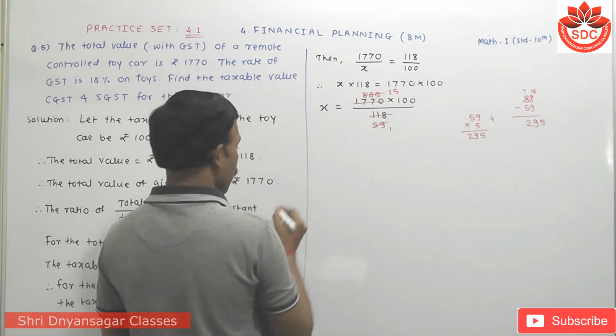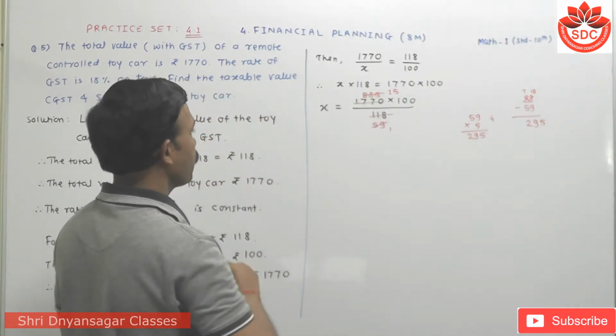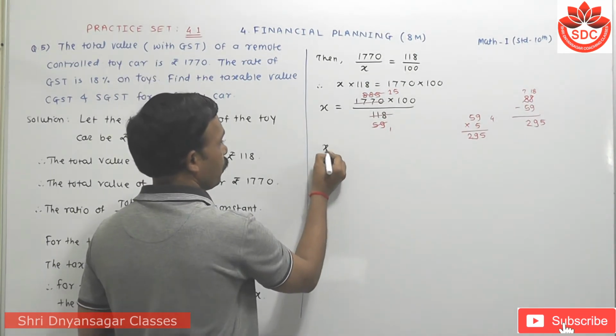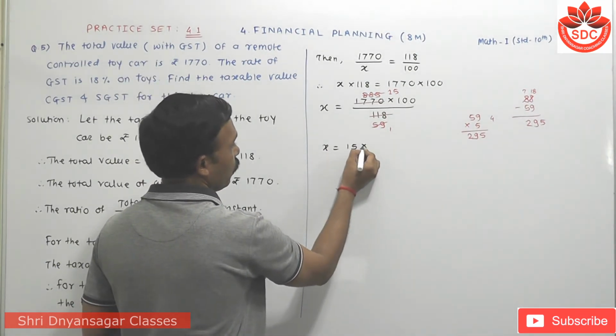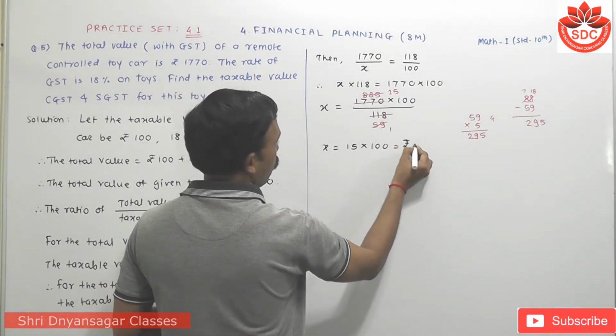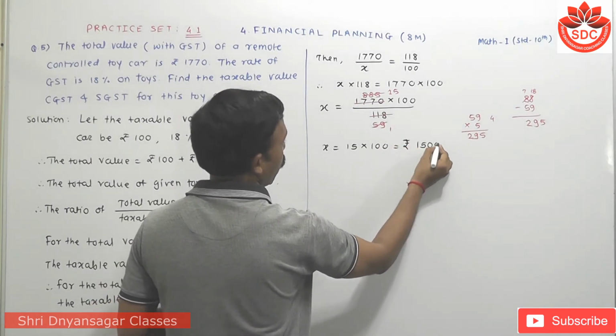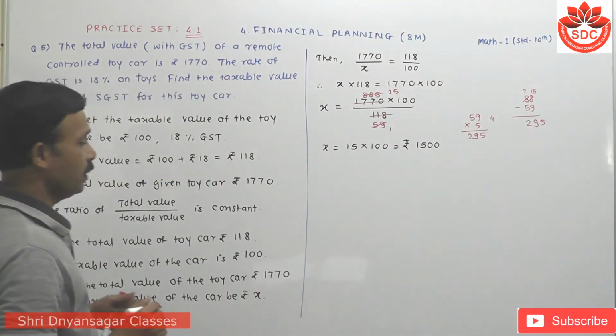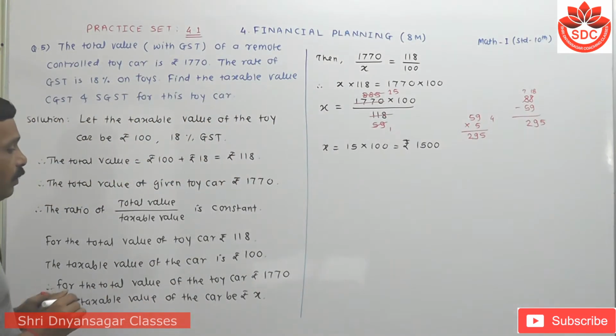Therefore, the value of x is equal to 15 into 100, that is rupees 1500. Okay, this is the taxable value.